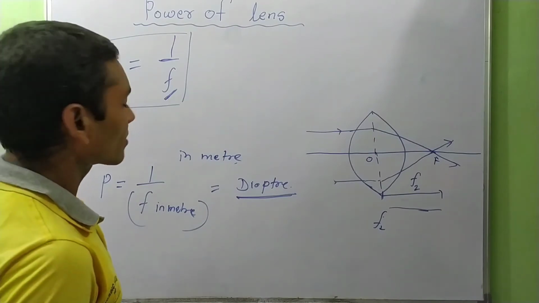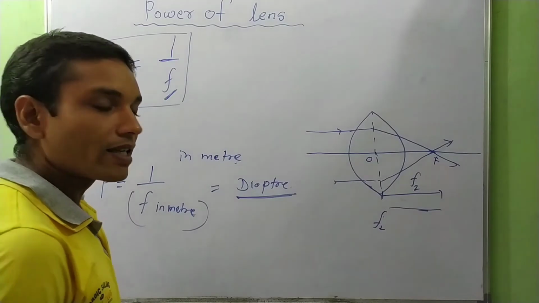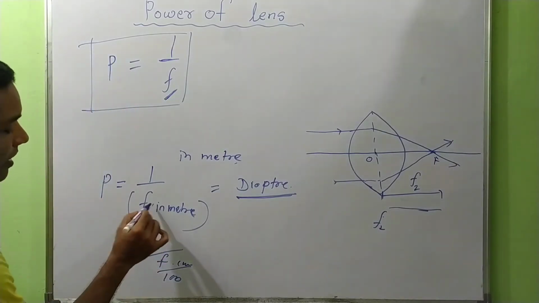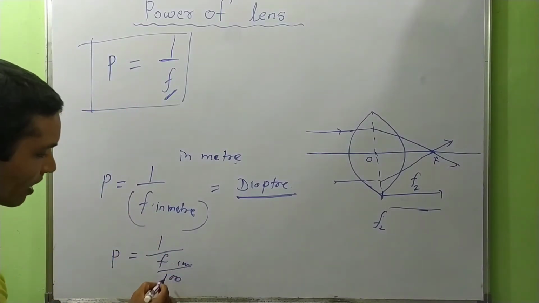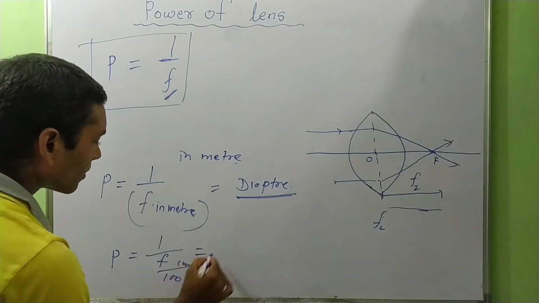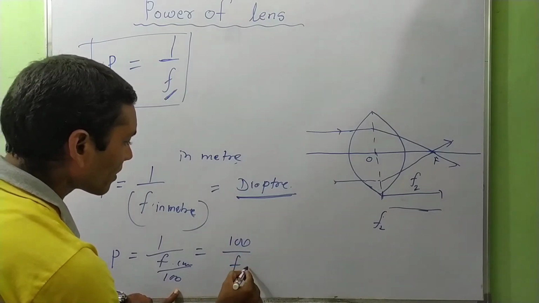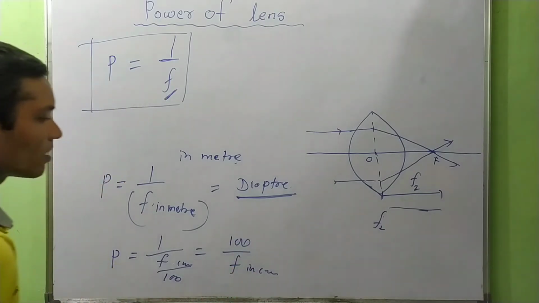And if the focal length of the lens is in centimeter, 1 meter equals 100 centimeter, so it will be 100 upon F in centimeter.